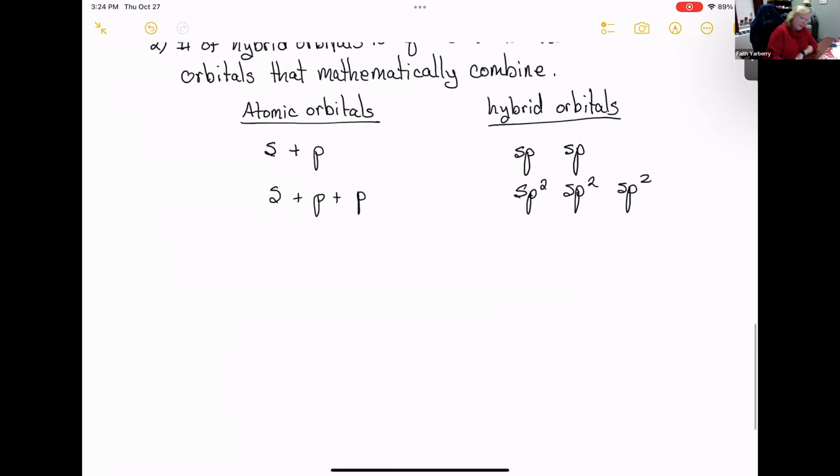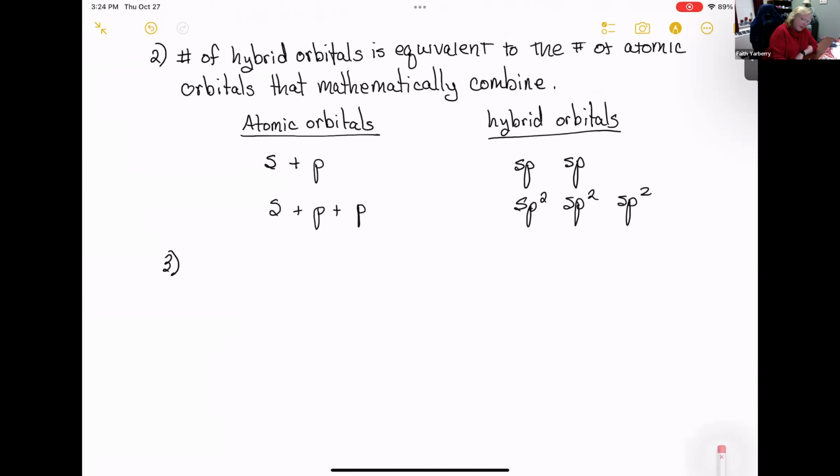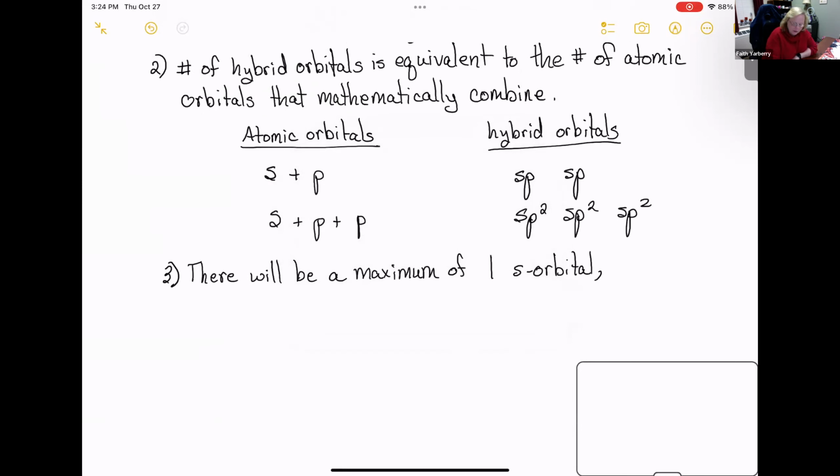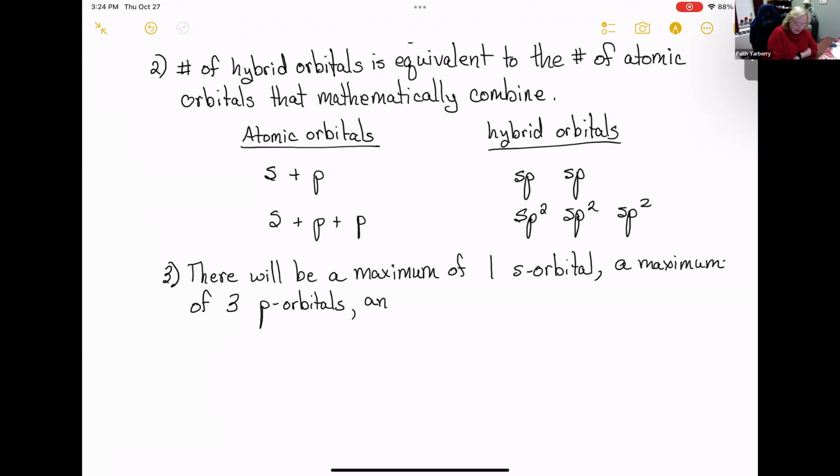So the third key point comes down to the fact that there will be a maximum of one s orbital, a maximum of three p orbitals, and a maximum of 5 d orbitals that can combine.